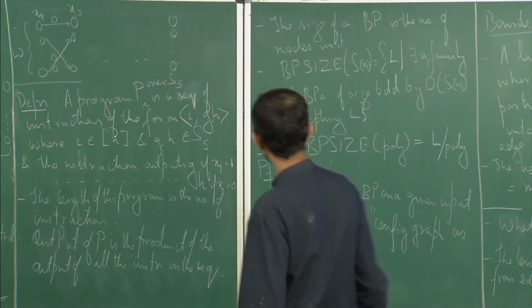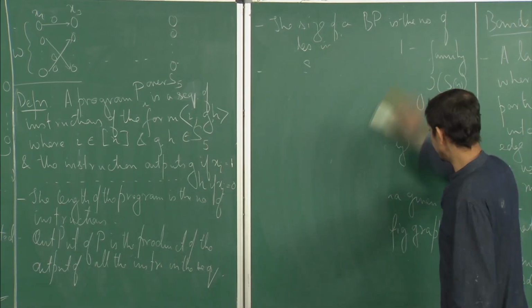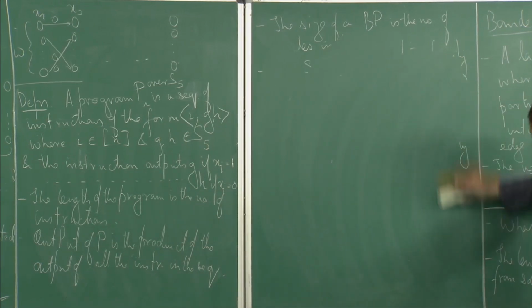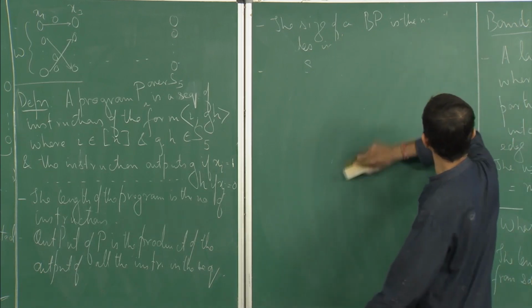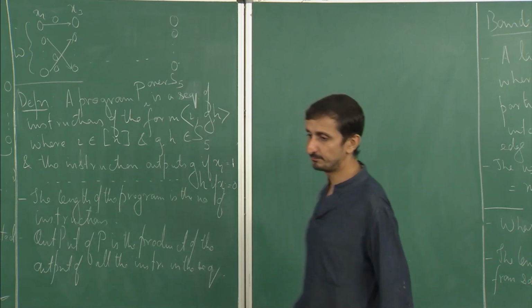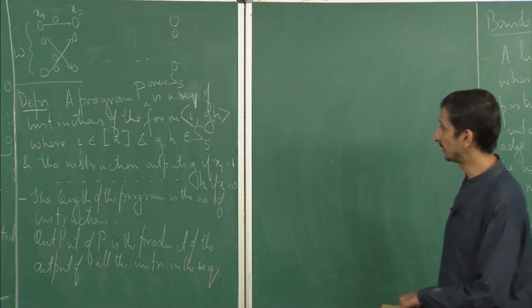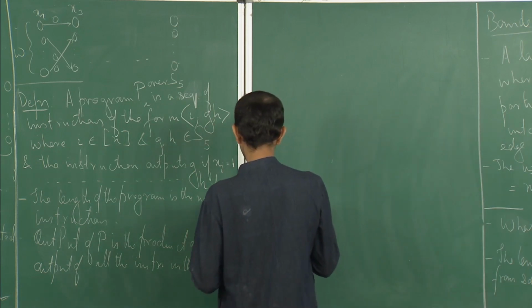So now how is a language accepted, or how is any input accepted? For an input to be accepted or rejected, I have to define the notion of acceptance and rejection.